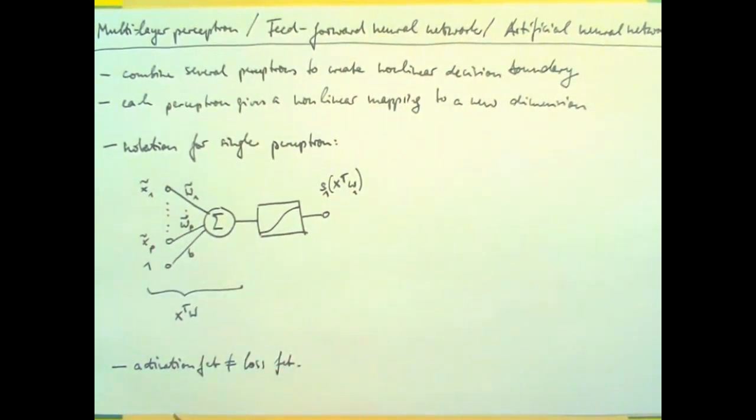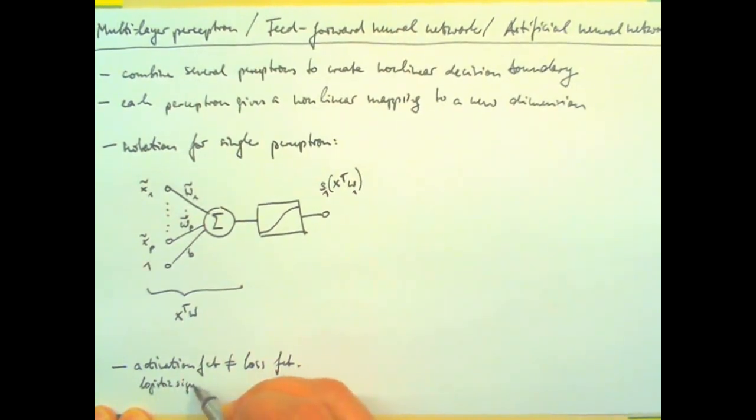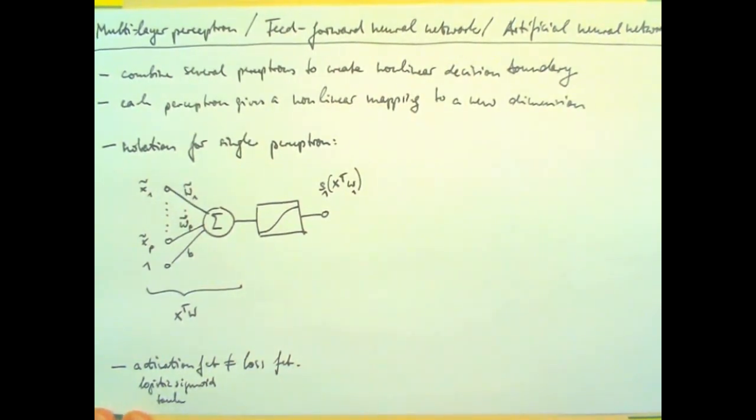So activation functions that people use are, for example, the logistic sigmoid or the hyperbolic tangent. And loss functions that people use will depend on what you're trying to predict.